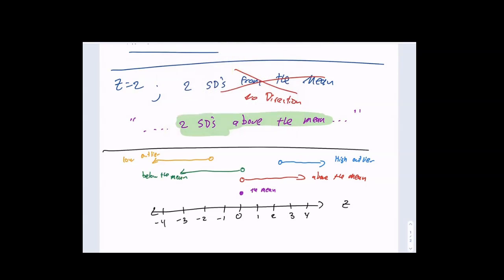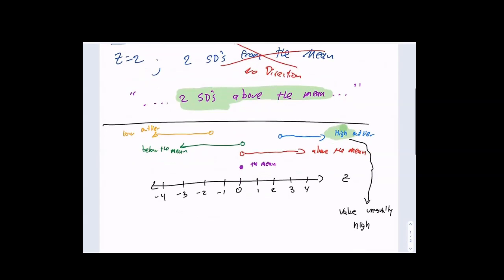When I say the word high, this is a reference to a value that is unusually high. The other word Anne is thinking of is the extreme outlier. So there's a difference. You can have a high outlier, and you can have an extreme high outlier.